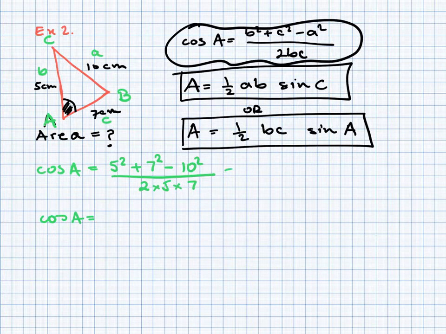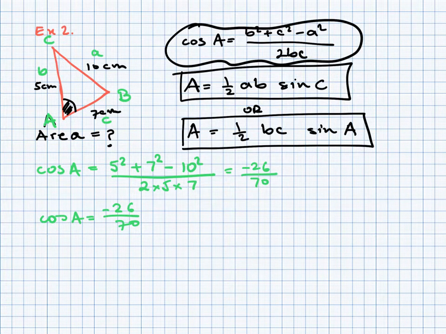So it's negative 26 over 2 times 5 times 7, which is 70. If you simplify that, but you don't have to, negative 26 divided by 70. My calculator doesn't give me a simplified version, but you can divide by 2, the highest common factor, and so on. I'll just leave it as it is, negative 26 over 70.